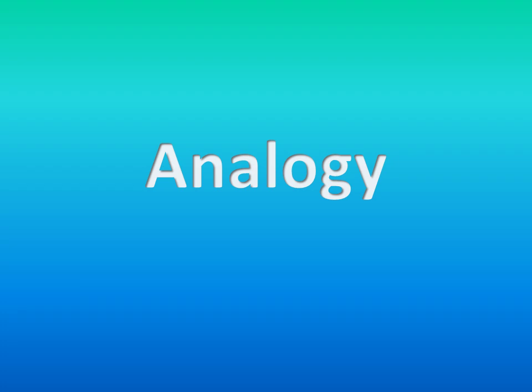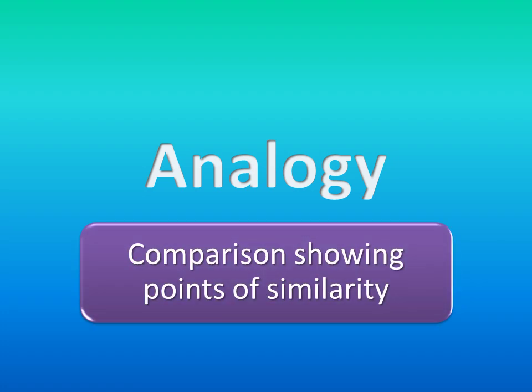The first one we're going to look at is analogy. Analogy is where there is a comparison showing points of similarity. Now we're very familiar with this in everyday life.